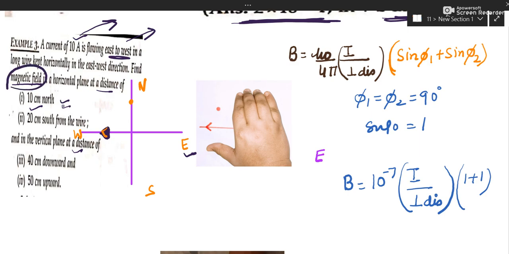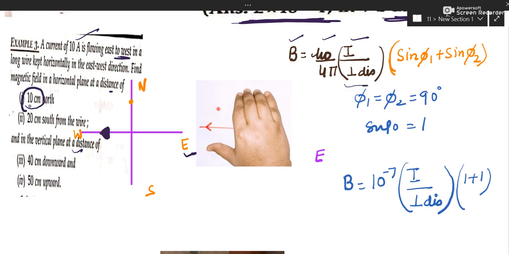So which formula will be used? We will use the first application of Biot-Savart's law, that is the magnetic field due to a straight wire carrying current. Okay, how? Because we have this formula, magnetic field is equal to mu naught by 4 pi, which is 10 to the power minus 7, times current, yes, current is given, times perpendicular distance, yes, this is a perpendicular distance.